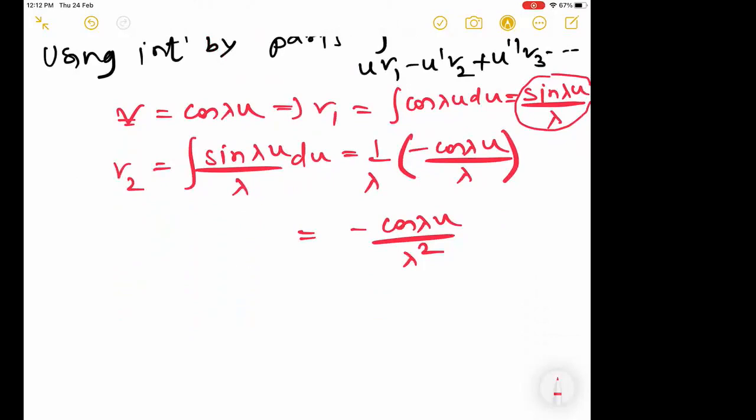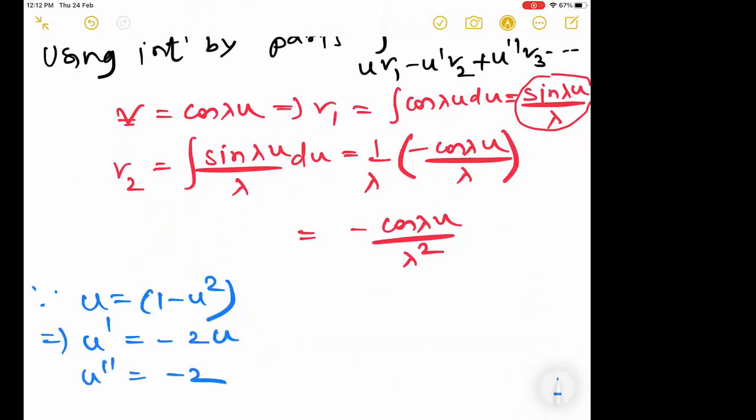Now since u is equal to 1 minus u square, this first function, therefore u dash, the first derivative, will be minus 2u. The second derivative will be minus 2. And after that, the answers are 0. U triple dash is 0 and so on.